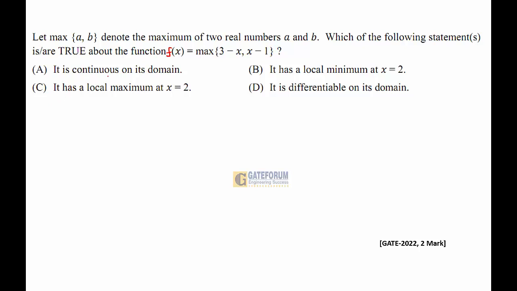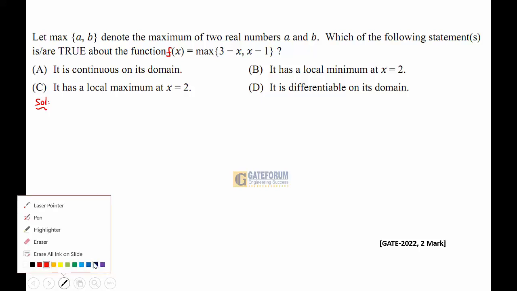continuity and differentiability are also related according to the four statements. So to decide the maximum of these two for given x values, we don't know the x values; x is a real number. For some x values this is the maximum, for some other x values this is the minimum. To decide that x value, let us find the point of intersection of the functions 3 minus x and x minus 1.